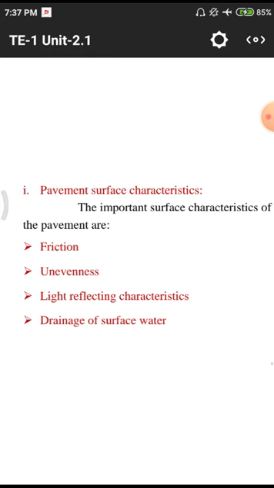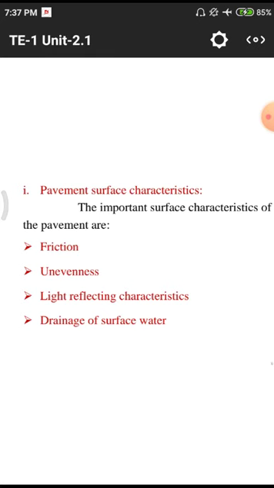Next, the third one is the light reflecting characteristics. Normally in summer seasons, a huge amount of temperature and other light properties we will observe on that particular road.